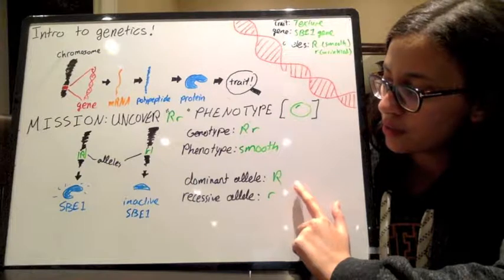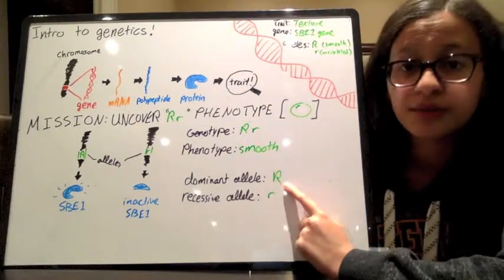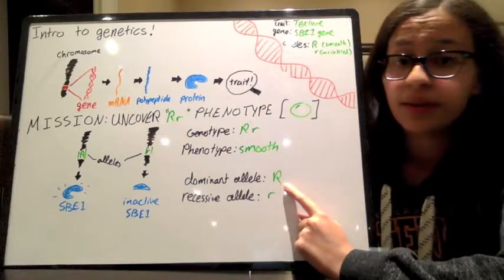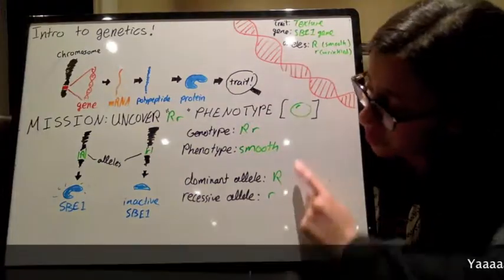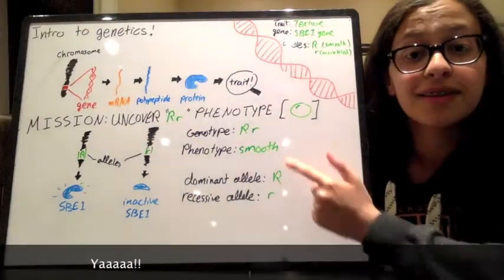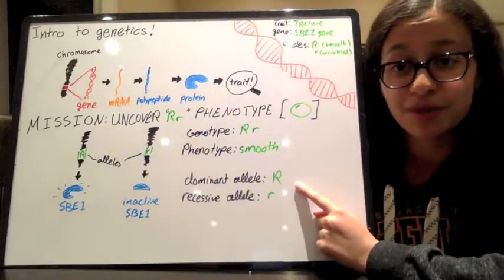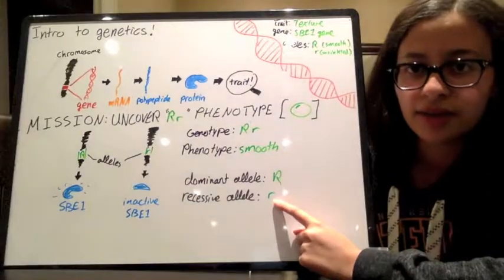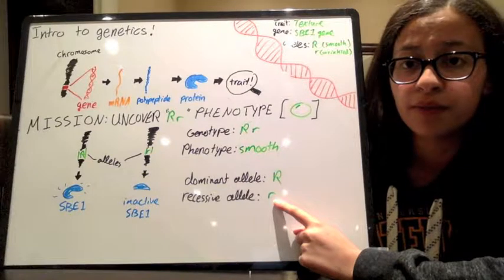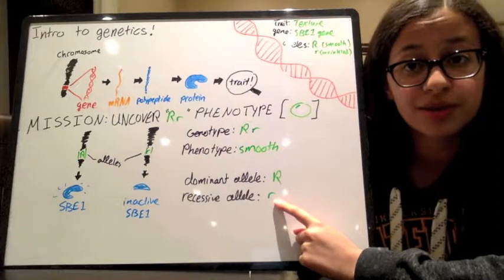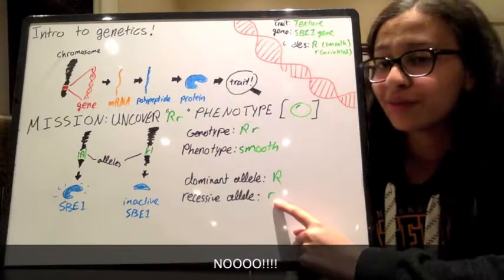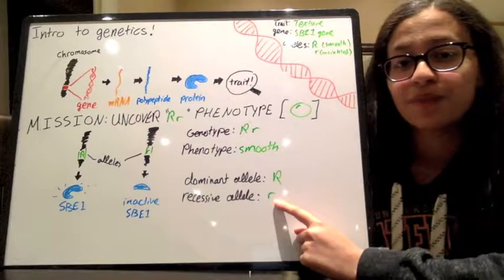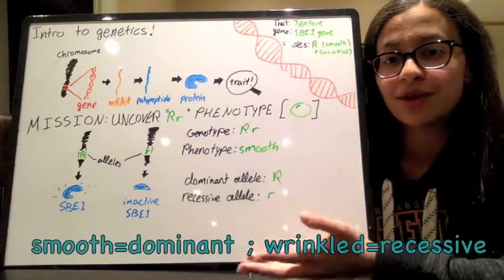And if you see the big R, its phenotype is smooth. Now, is this expressed in our heterozygote? Yes, it is. Therefore, smooth is dominant. Now, if you look at our little r, that allele's phenotype is wrinkled. Is that expressed in our heterozygote? No. Therefore, it is recessive. So smooth is dominant over wrinkled.